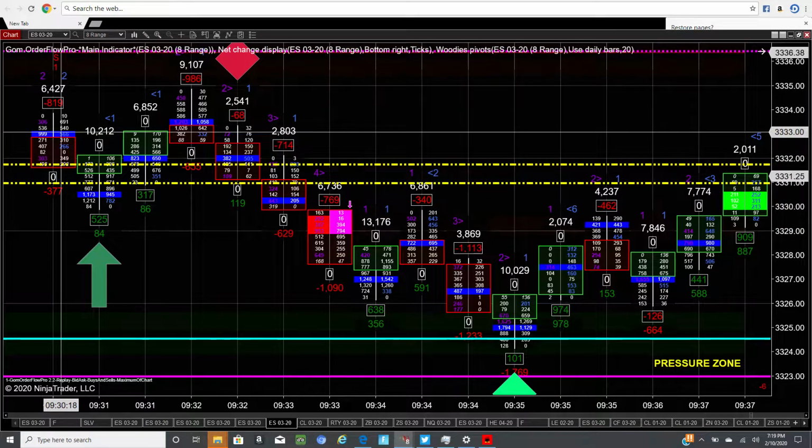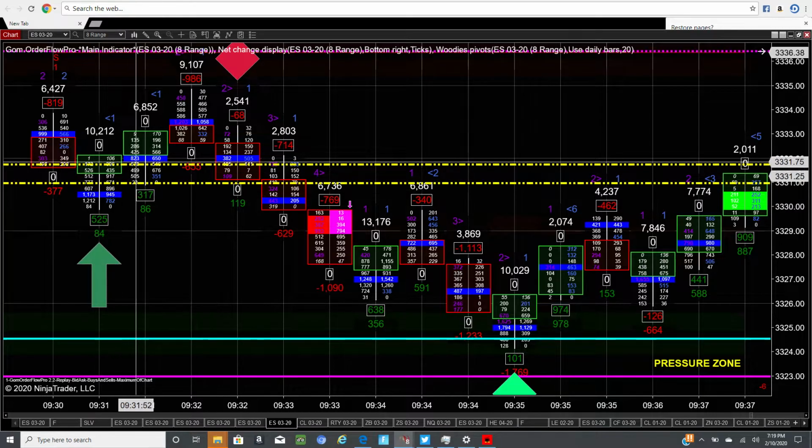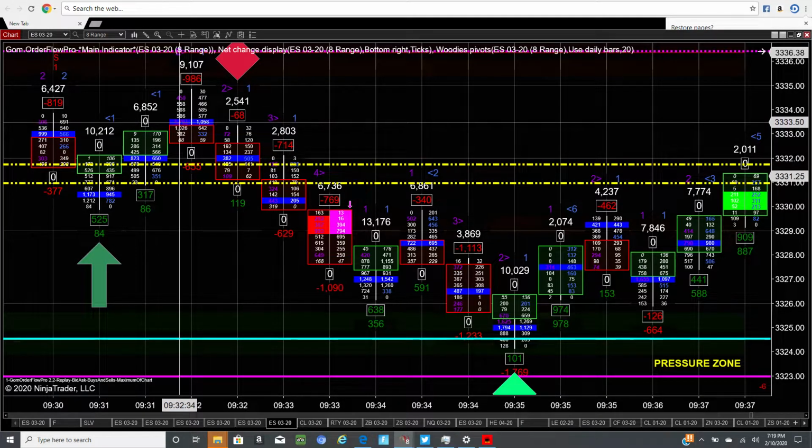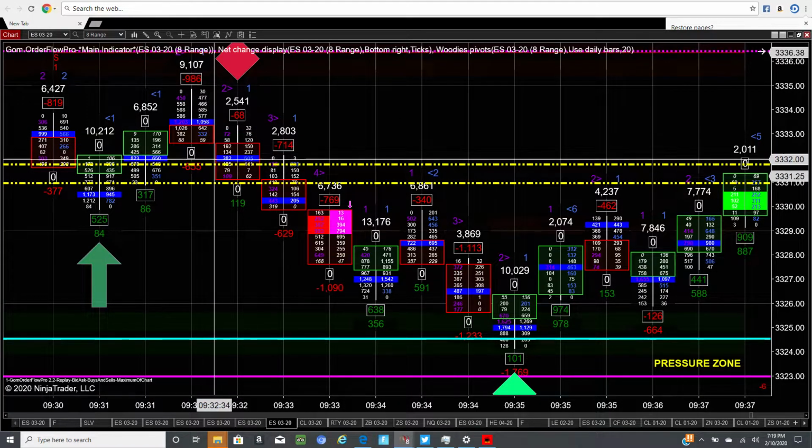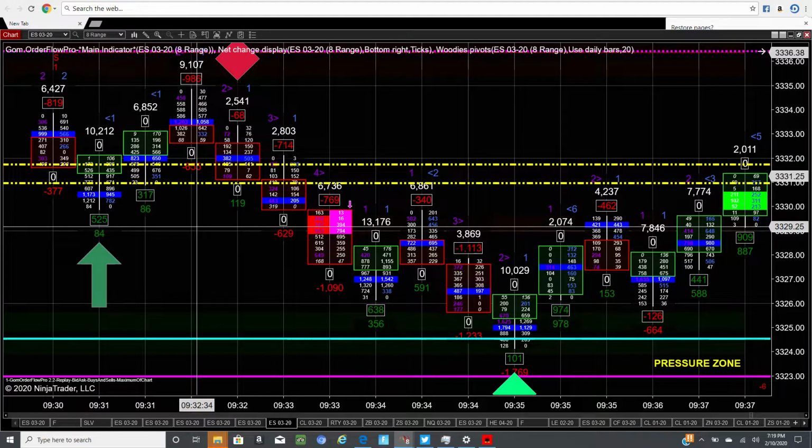Now, these blue stripes are called the point of control in each one of these candles. The point of control is where the majority of the volume went off inside that candle. I know it sounds elementary, but it is extremely, extremely important.